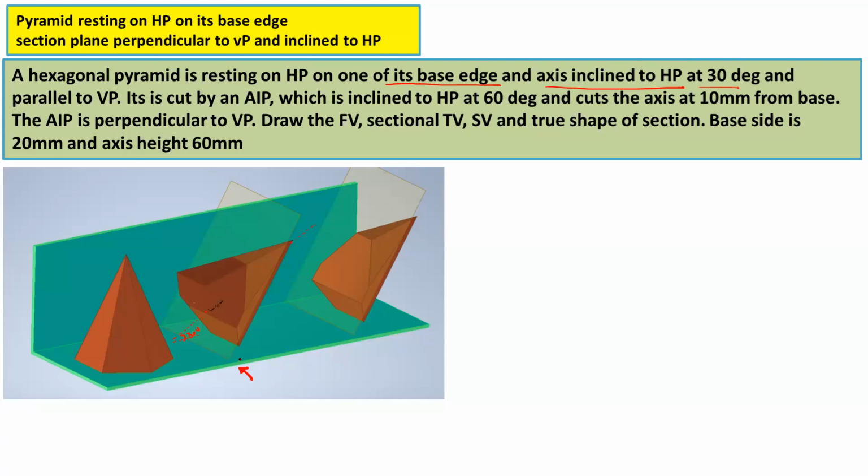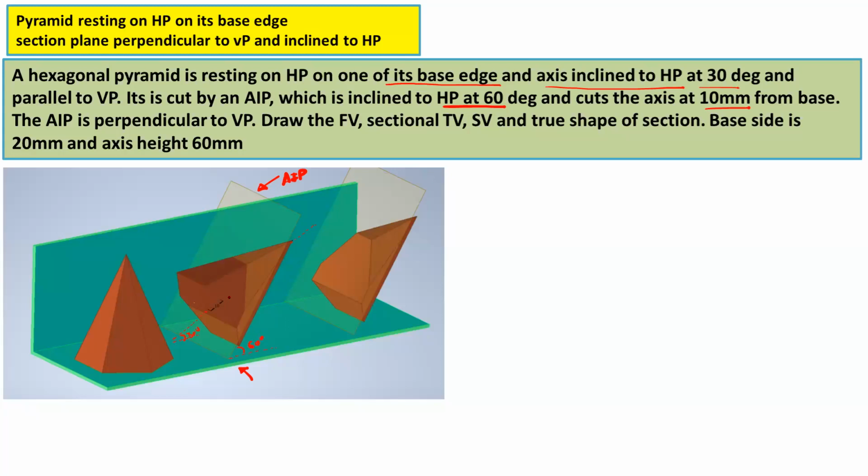And then the section plane is inclined to HP at 60 degrees. It cuts the axis at 10 mm from the base. So this is the section plane, the auxiliary inclined plane. The angle of inclination of this plane with respect to horizontal is 60 degrees.